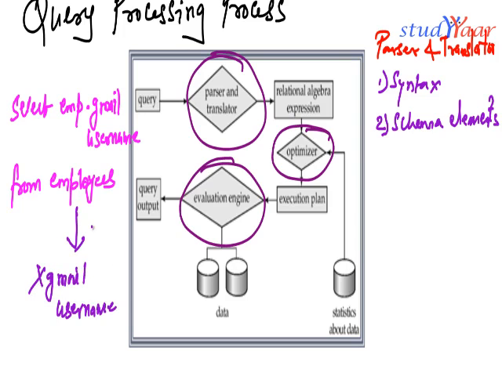The elements here are the relation employee and the attribute being referred. All these elements should be part of the schema definition, so my parser and translator checks for that.